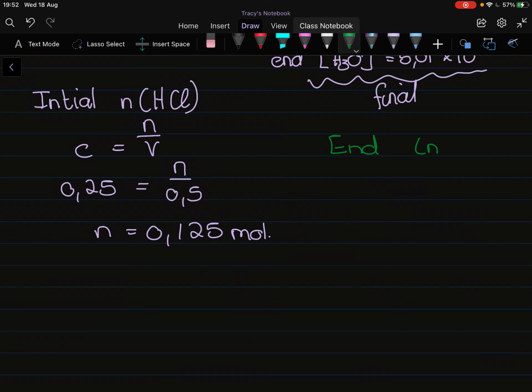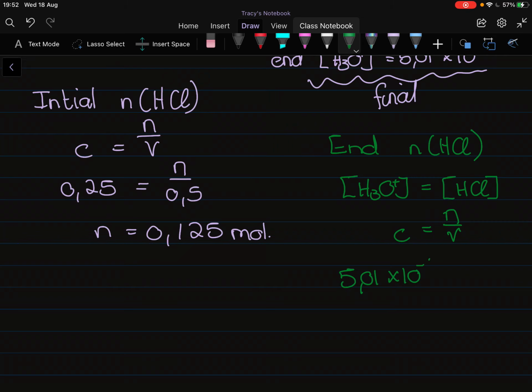I want the, let me write this properly for you. What I need to recognize is the concentration of the H3O plus ions is equal to the concentration of the Cl minus, HCl, because there's only one hydrogen per molecule, so it's a 1-to-1 relationship. That means concentration is number of moles over volume. Concentration here is not the issue. Volume is.